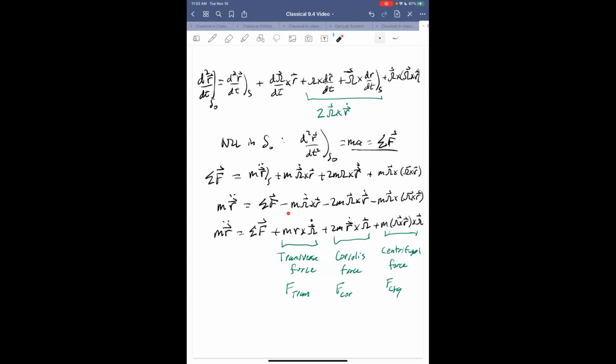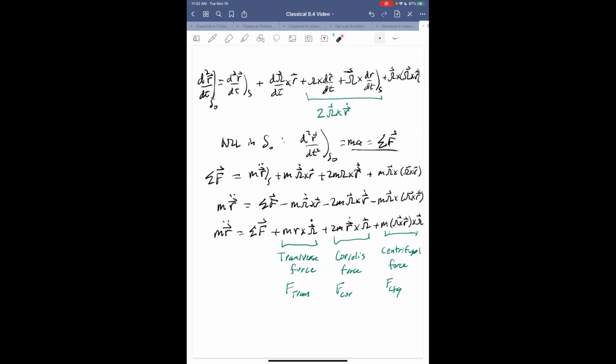Notice, because there was just this sign swap by reversing the order of these vectors, some people define the force in terms of the positive value, so the Coriolis force is r dot cross omega. Other people define it as being negative omega cross r dot. And they're saying the same thing. It's just what order you prefer to list your vectors in.